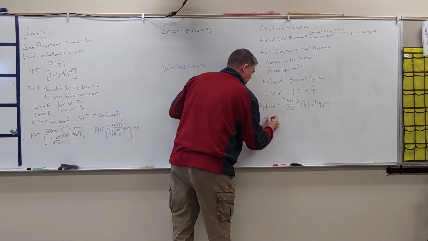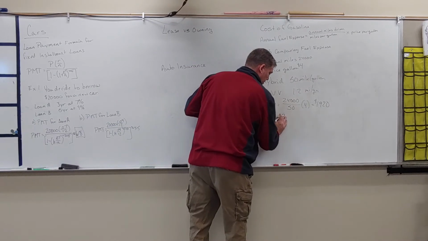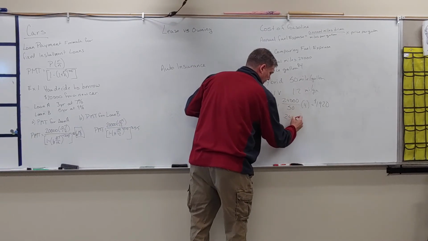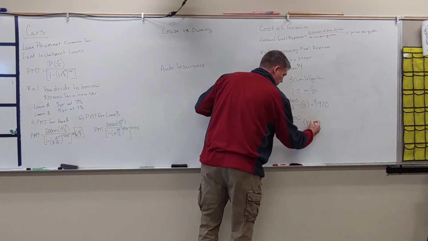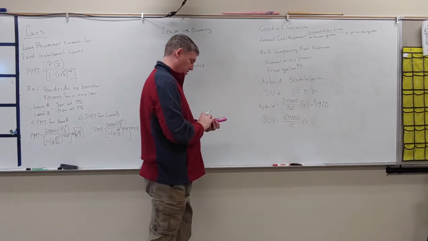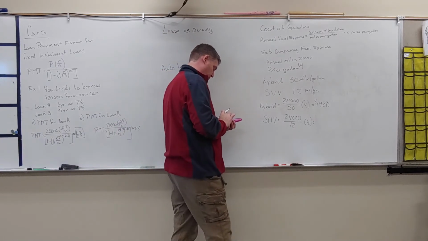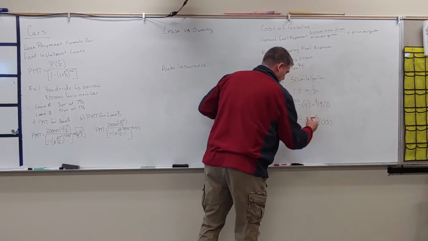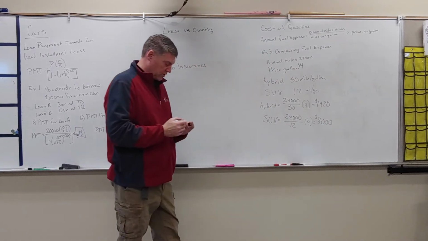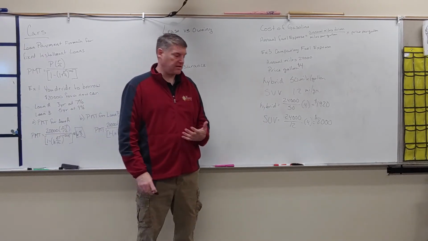Now our SUV is going to be 12 miles per gallon. So we're going to take 24,000 divided by 12 and then multiply it by 4. All right, so 24,000 divided by 12 times 4 is $8,000. So we have this substantial fuel cost difference.